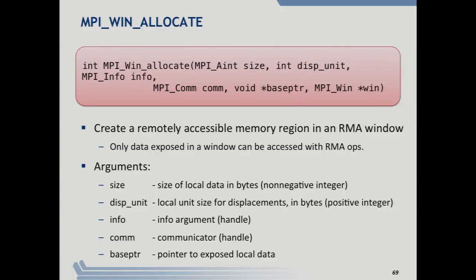So the fact that this has a single asterisk, or single indirection, in the definition is an artifact of the idiom. Okay, and so it returns a pointer to the memory that was allocated of this size, as well as the window.